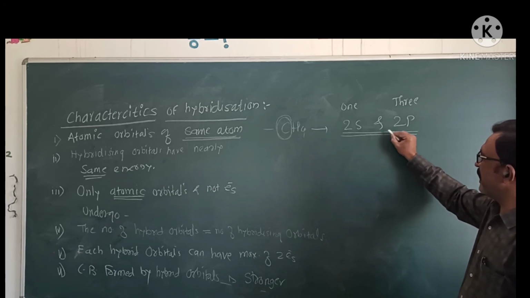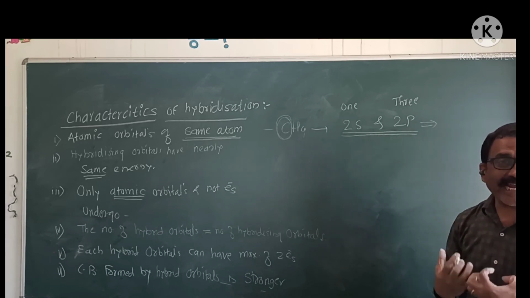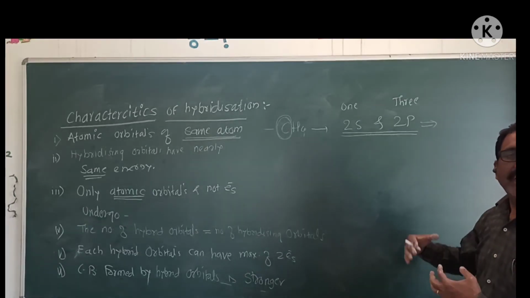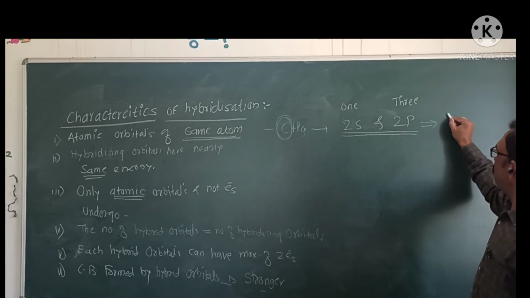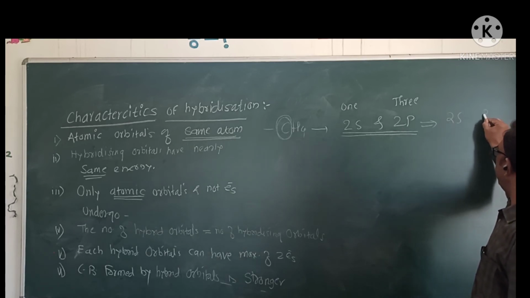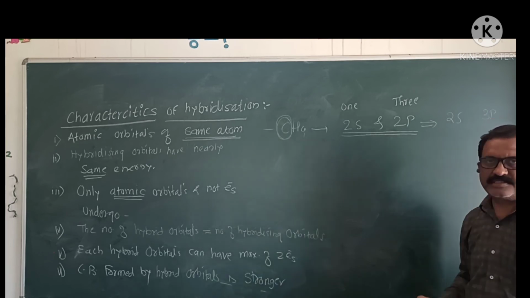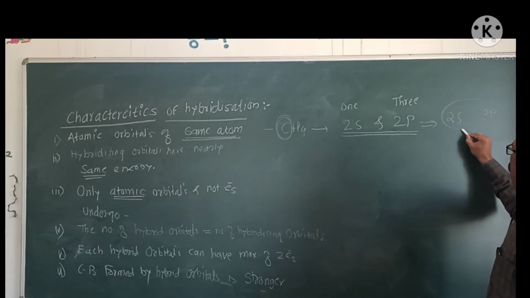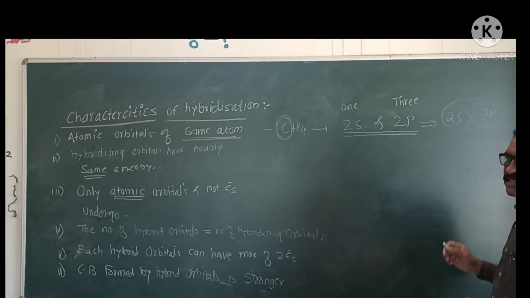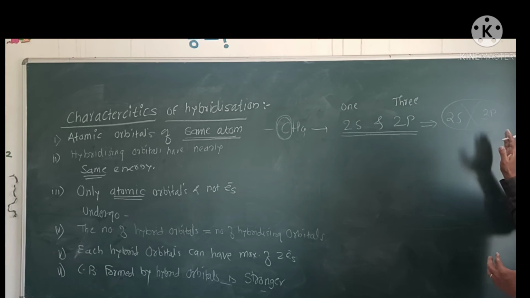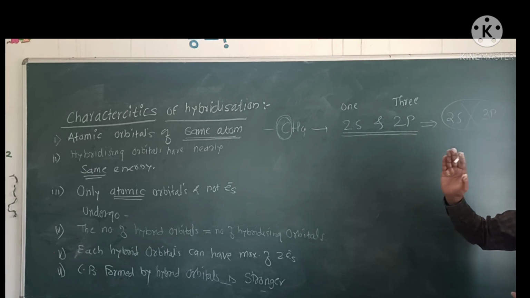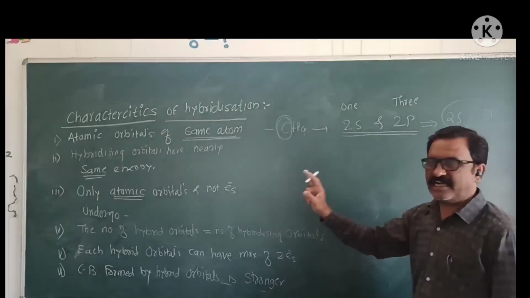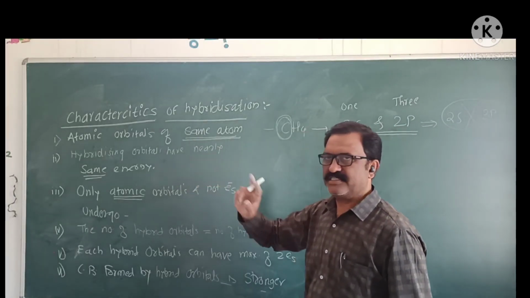These orbitals have nearly, not exactly, the same energy. A 2s orbital and 3p orbitals cannot overlap with each other because the difference in energy between these 2 orbitals is maximum. They must have nearly the same energy, which is the second important characteristic.